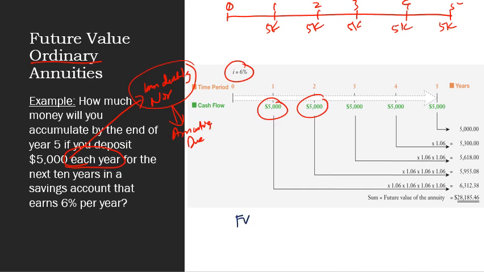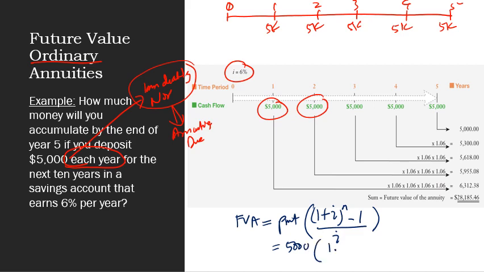The future value of the annuity in this case is payment times (1 plus I)^N minus 1, divided by I. So the formula will be 5,000 times 1.06 to the power of 5 years, because we want to know what happens after 5 years, minus 1, divided by 0.06. Then you calculate using a calculator.